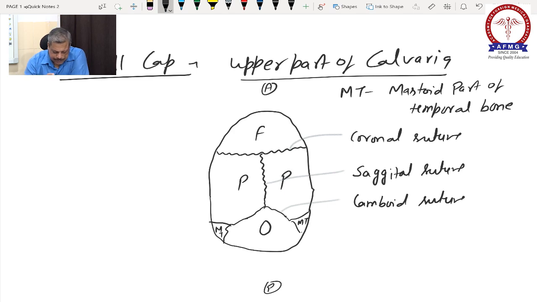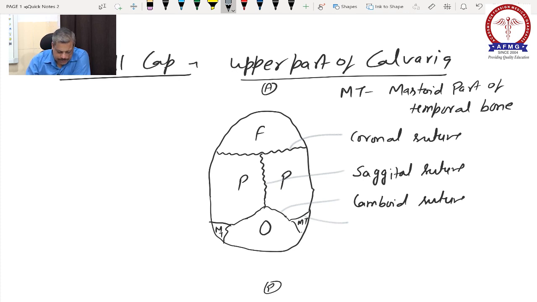The name of a suture is the name of the articulating bones. These are three exceptions which have a special name. The coronal suture is otherwise a fronto-parietal suture. This is the interparietal suture, it should be, but it is known as the sagittal suture. This is the Lambdoid suture, or parieto-occipital suture. But the name of the suture is the name of the articulating bones other than these three conditions.